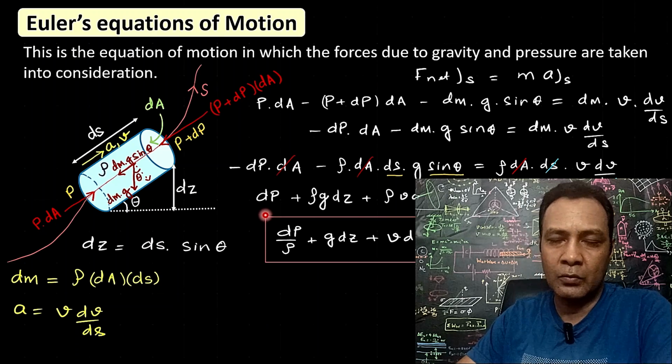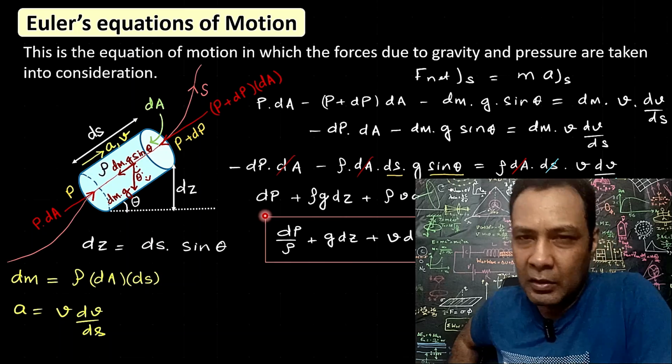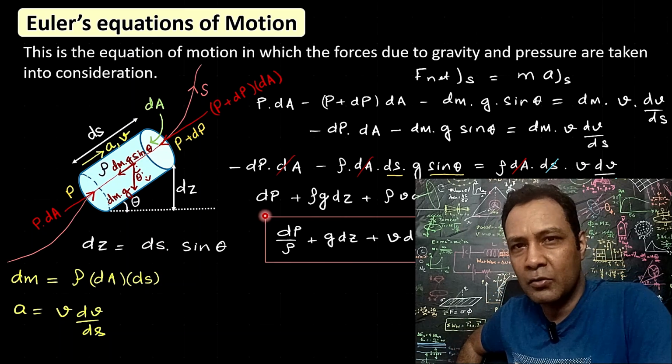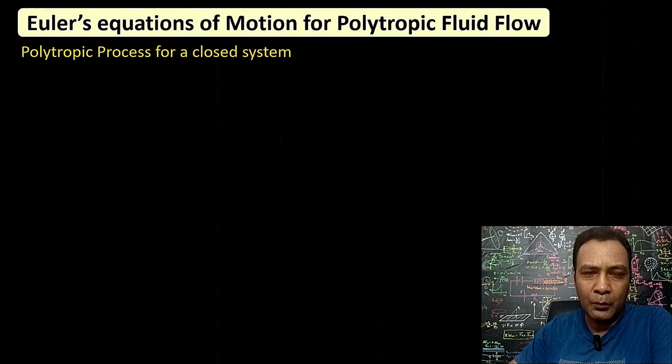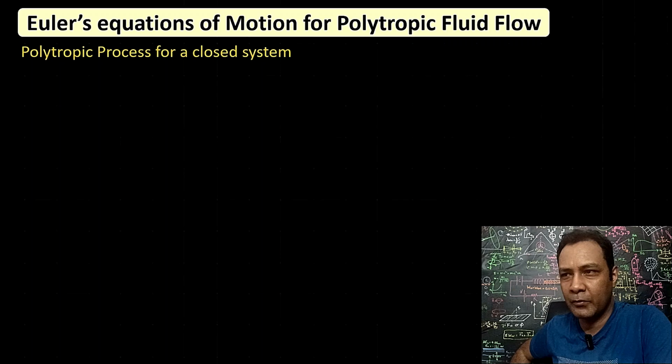And we want to derive the result in case the fluid is also following a polytropic process law. Those who have studied thermodynamics would be very much aware of what a polytropic process is. It is a means to express many processes in one single equation.